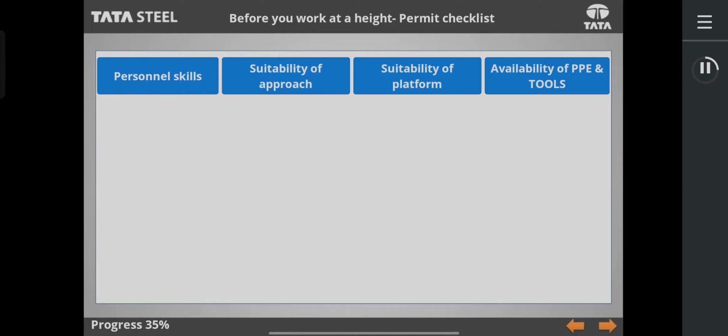The original will be issued to the working agency while the copy will be kept by the issuing authority. The issuing authority should perform several checks before giving the permit. Click on each skill to identify the checkpoints to be considered before the permit is issued. After you have read each of the items, move on to the next screen.